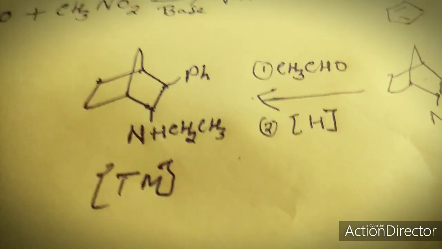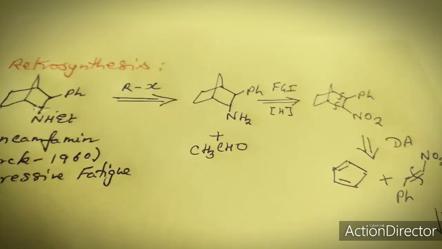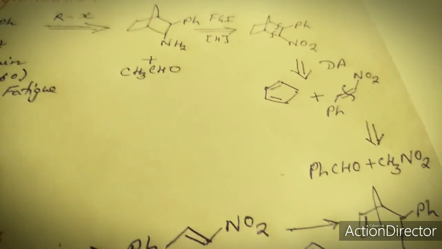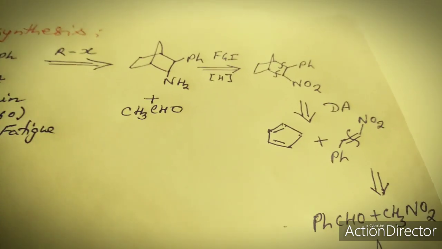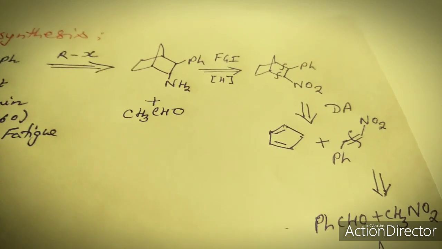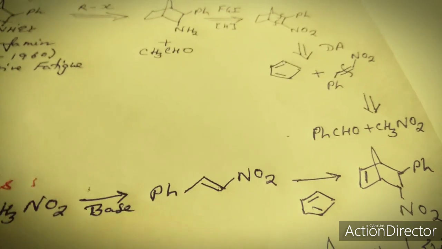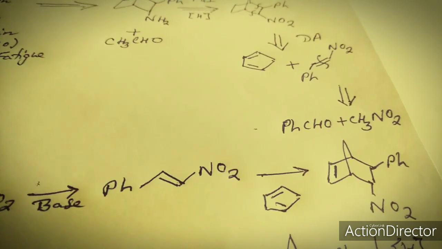So this was the synthesis of this target molecule which we undertook, which is used for depressive fatigue, by means of these disconnections, which were finally simplified to these two starting reagents, C6H5CHO and CH3NO2, which together reacted to give us this trans product in the presence of a base, which on Diels-Alder reaction gave us this Diels-Alder product, having the same trans geometry retained because it is stereospecific.